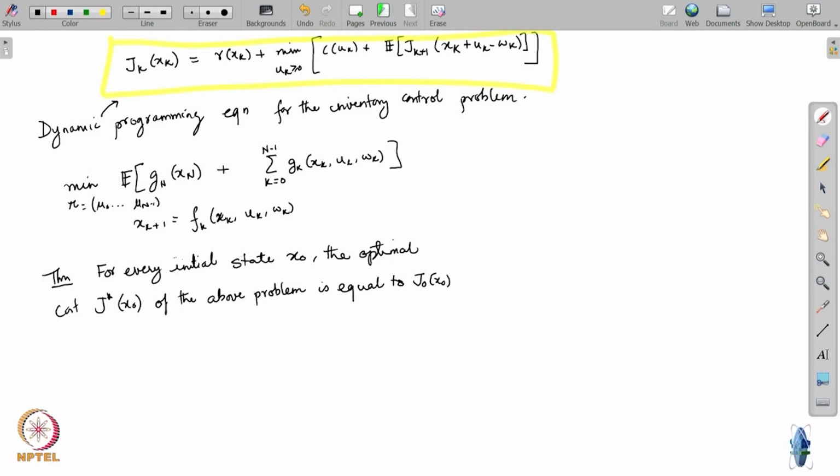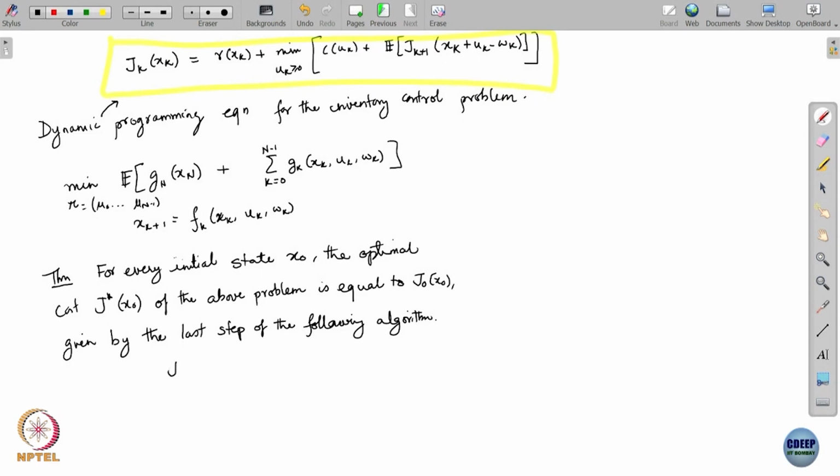What is j 0 of x 0? It is given by the last step of the following algorithm.